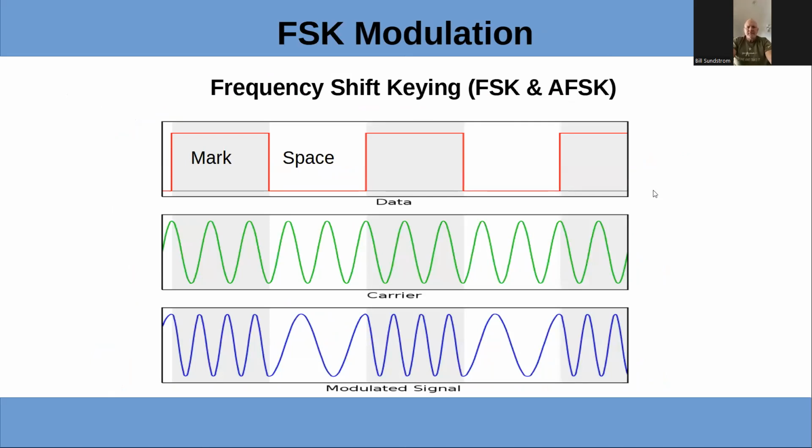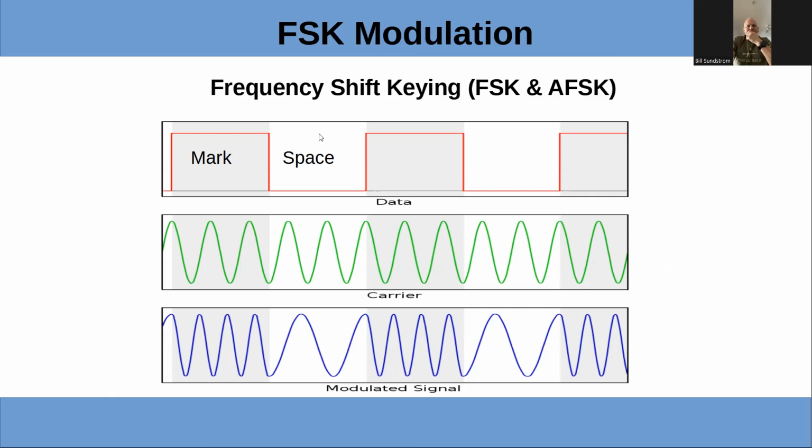And then we also have, besides phase shift keying, frequency shift keying, where instead of shifting the phase, we shift the frequency, kind of like FM. But it's normally done in the digital mode, and we tend to call the digital signal, let's see, really uses mark and space, right? Yeah, mark space.